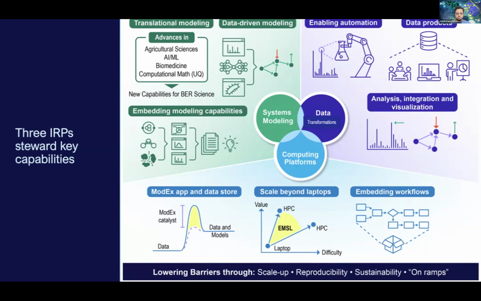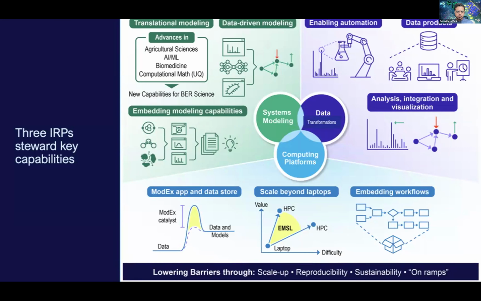For data transformations, the purpose is really to maximize the value of EMSL generated data for our users. So this includes things that help streamline or enable automation from a computational perspective. It involves how we package and handle the data products that are generated, and includes things like statistical analysis, data integration, visualization, and so on.